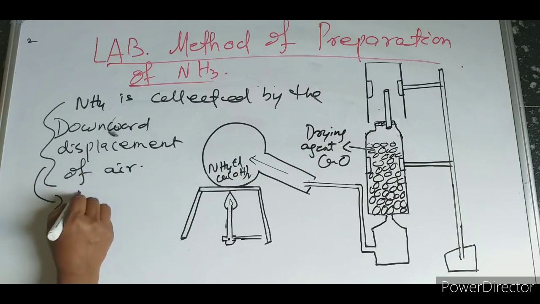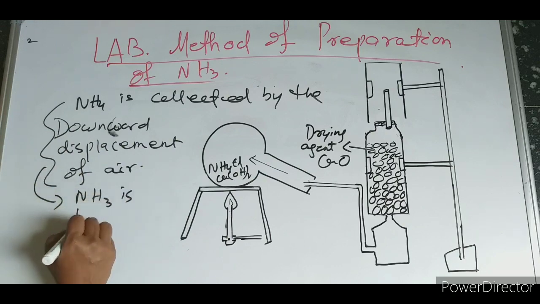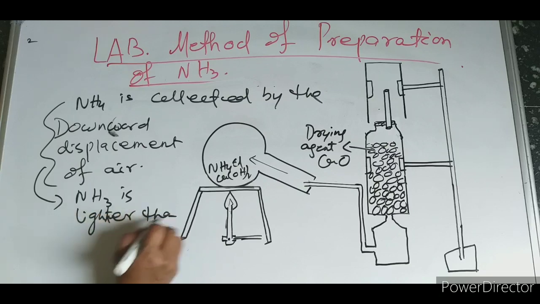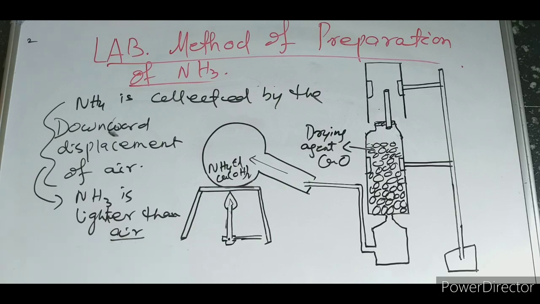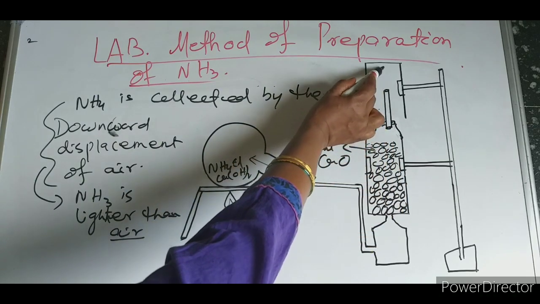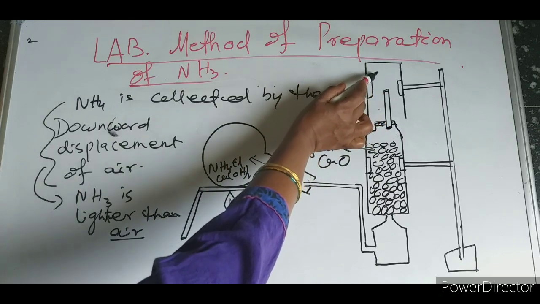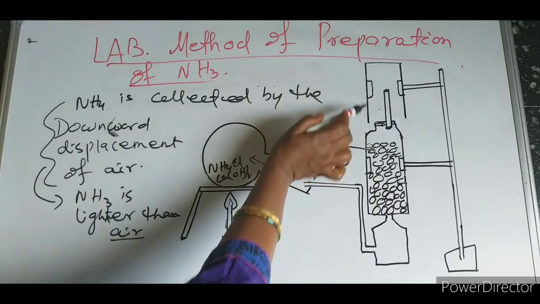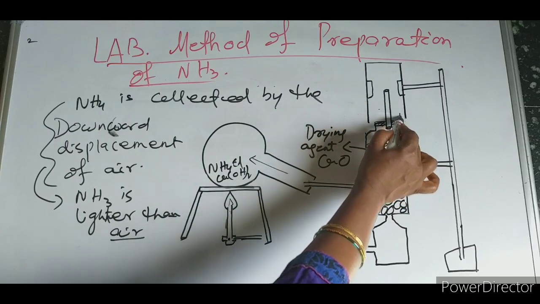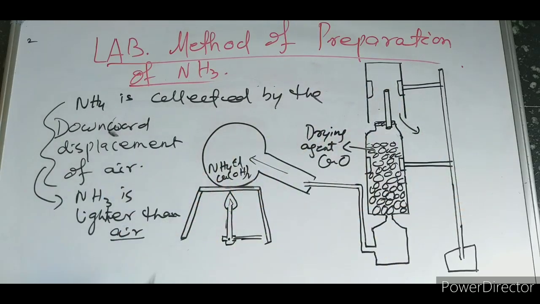It implies that ammonia is lighter than air. As it is lighter than air, it will move up and be collected here. When it is collected, it pushes all the other gases outside. The gases come out by displacement. So this is known as downward displacement of air.